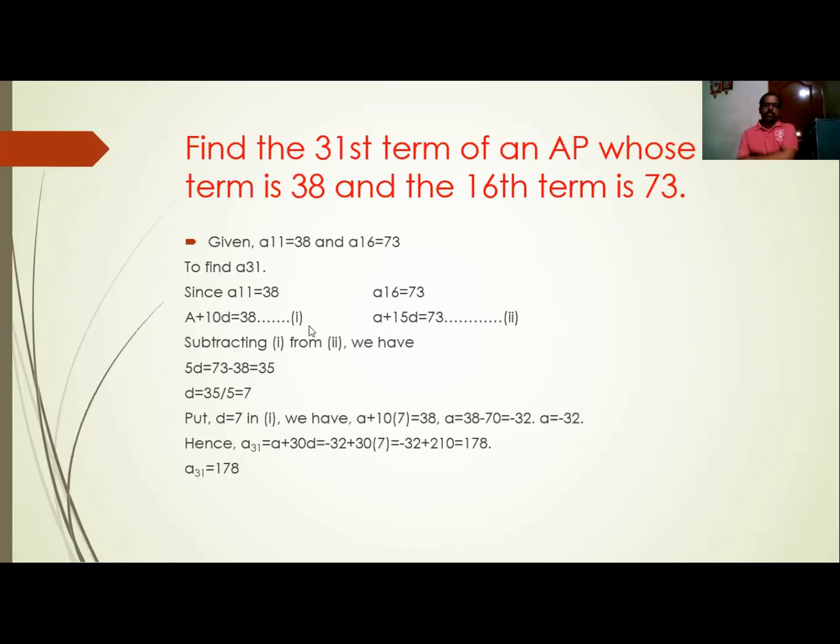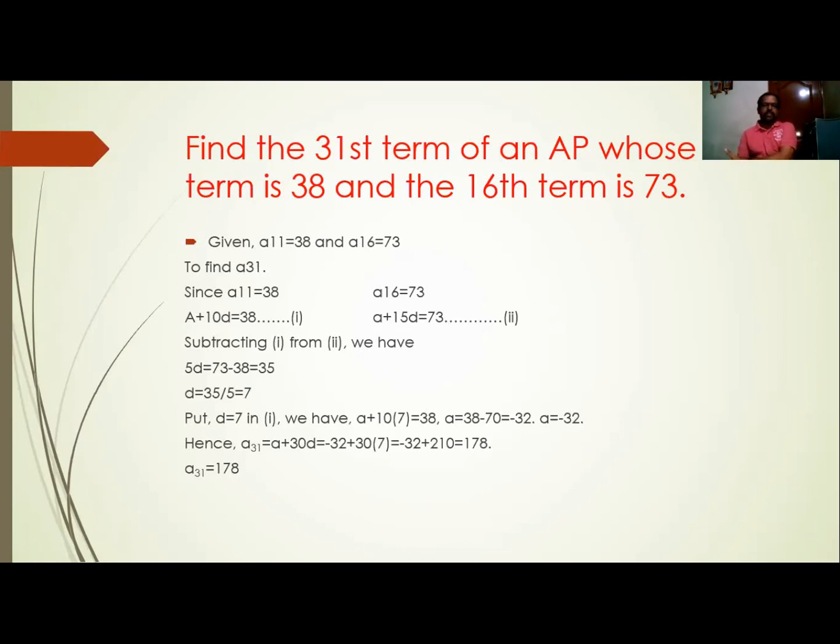Subtracting the first equation from the second, that is 2 minus 1, we subtract the left side from the left side and the right side from the right side, so we have A plus 15D minus A minus 10D. A gets cancelled, 15 minus 10 becomes 5D, and on the right side 73 minus 38 will give us 35.